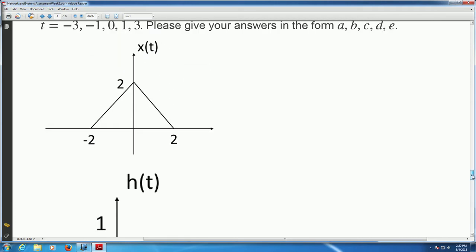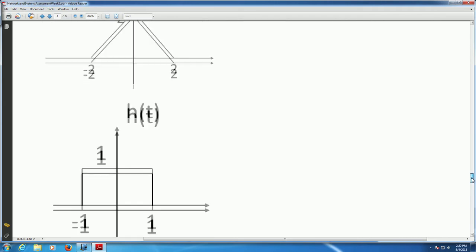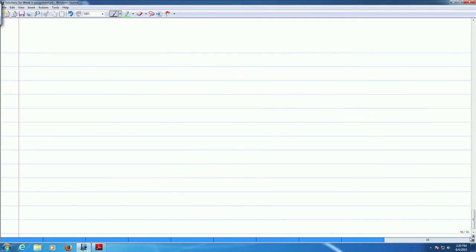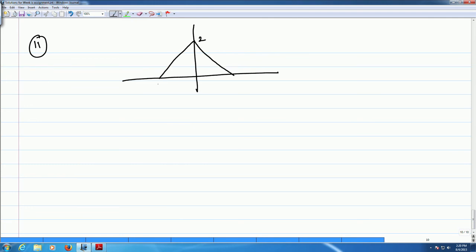Okay. So, x of t. It is good to draw these things very carefully.